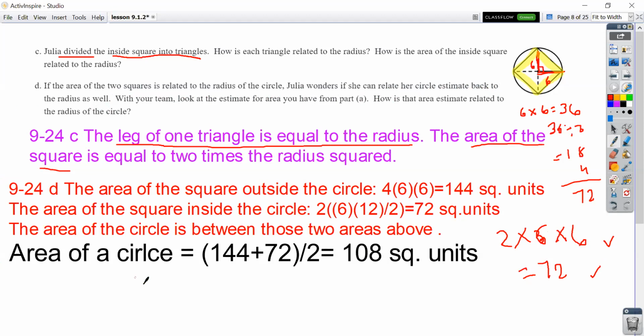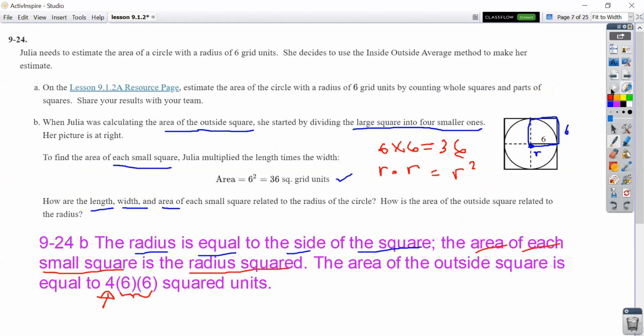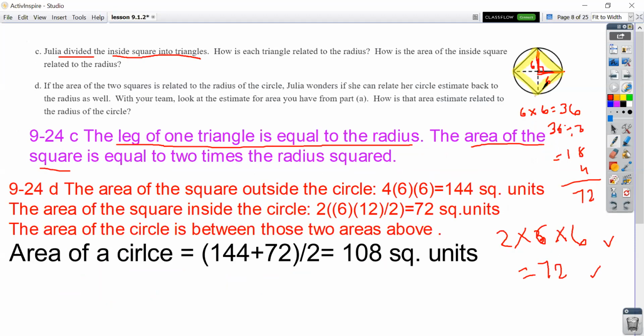Okay, so the area of the circle is between the area of the big square and the tiny little square. If you add these 2 areas together and divide by 2, it should be between 144 and 72. Therefore, it should be about 108 square units.